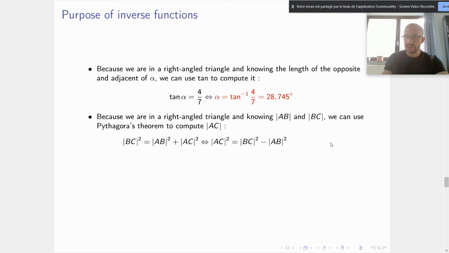So AC squared is BC squared minus AB squared. You put the values of the lengths in this relation, and you get the value of AC squared, which is 33. And if you want to know AC, you take the square root of 33, and it gives approximately 5.7.